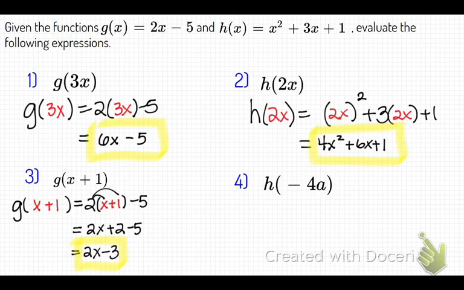Last one. Can I get one more person for number 4? Anyone? Yes, Helene. What do I do for number 4? Okay, into my h equation. So I have negative 4a.